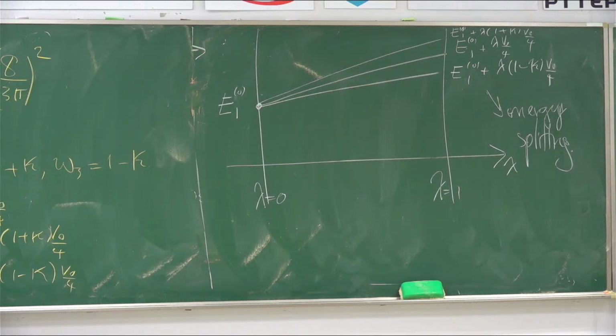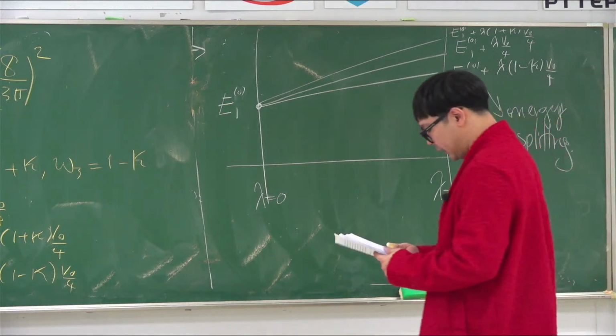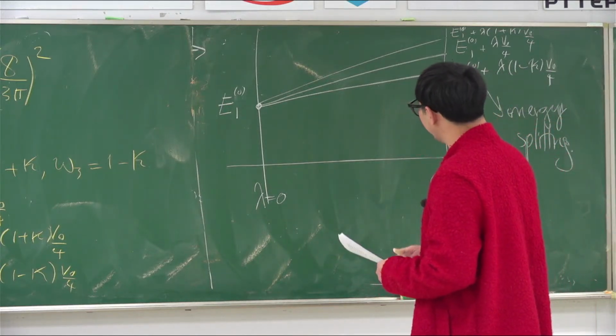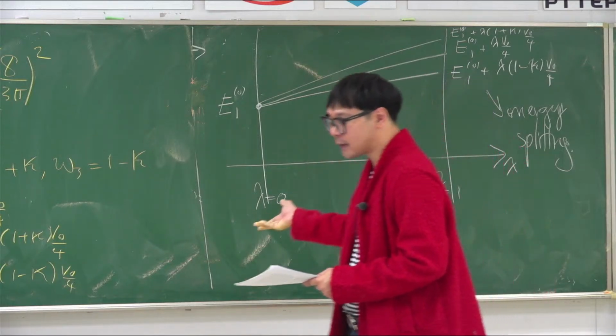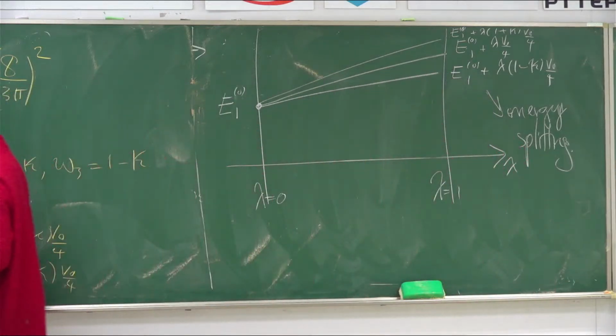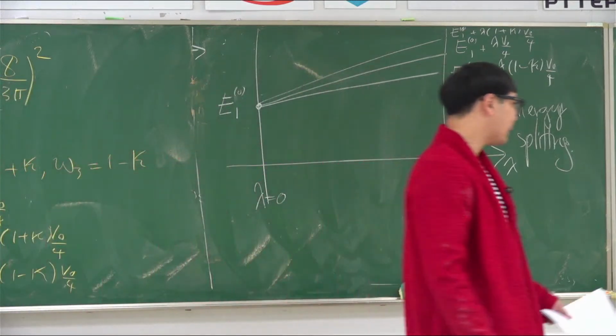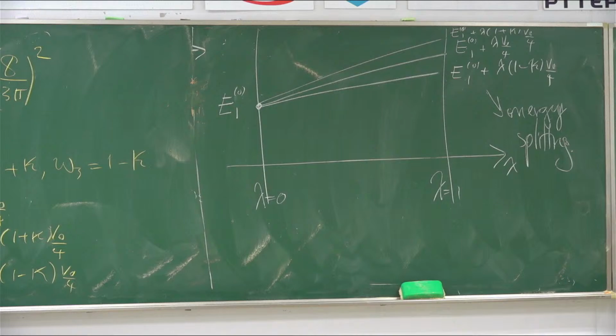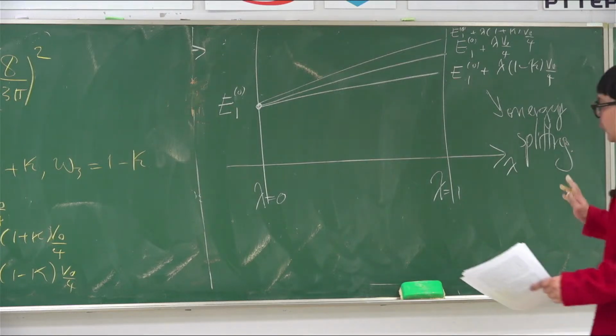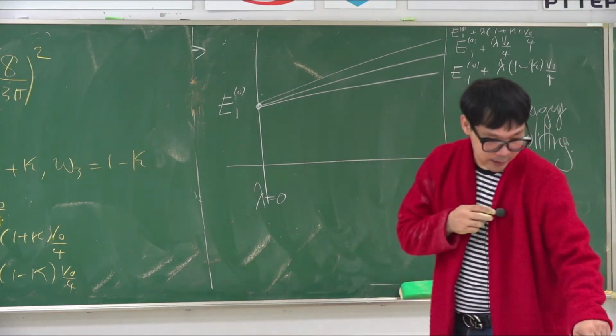So later on we will discuss more in terms of what kind of physics we're going to have here, and what kind of effect we could observe in experiments to see this kind of splitting of the energy spectrum. Okay, so I think that's it for today.